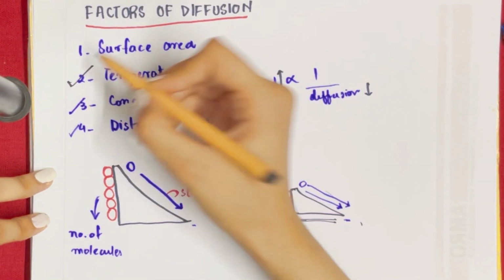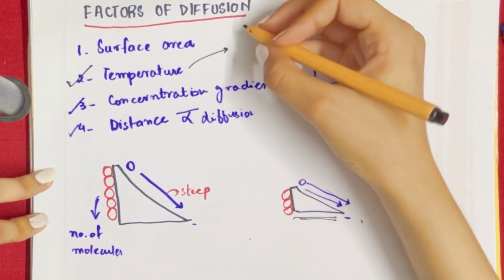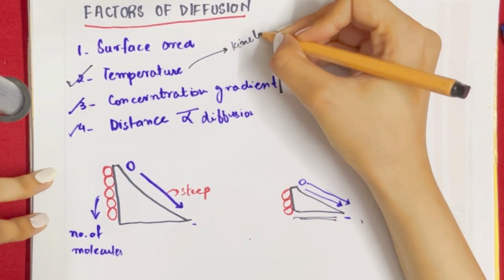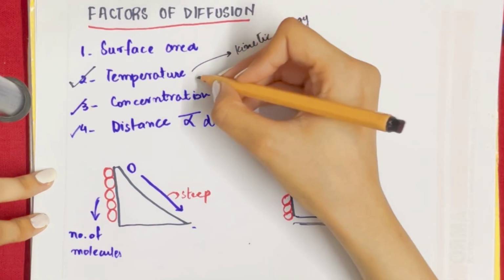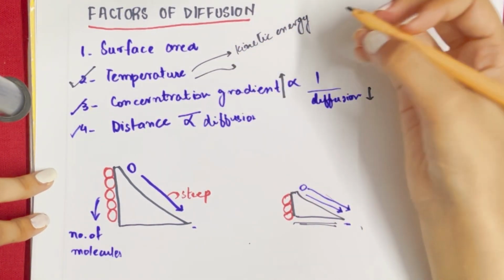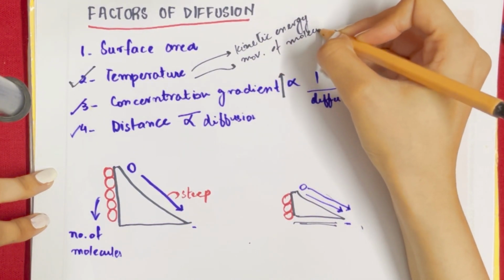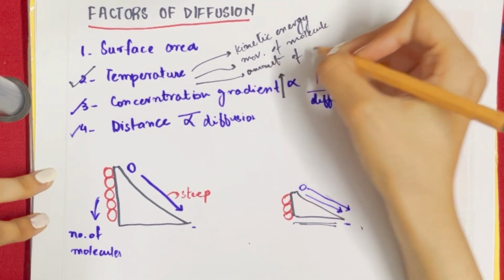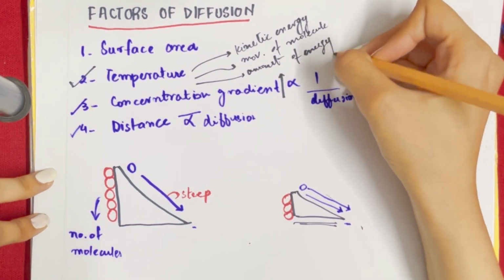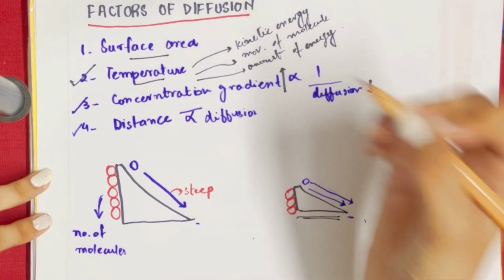What about the temperature? Temperature depends upon many factors. Basically, it depends on the kinetic energy of the molecule, the vigorous movement of the molecules, and the threshold energy, meaning the amount of energy that the molecules control. So, how do we understand this with regard to the surface area?